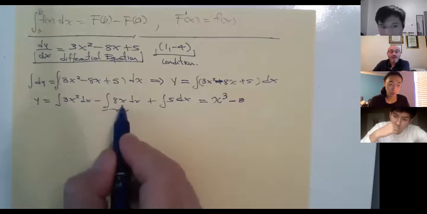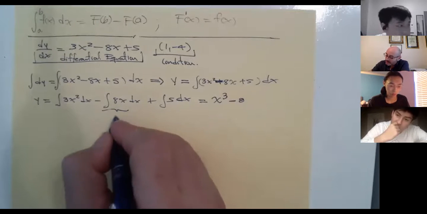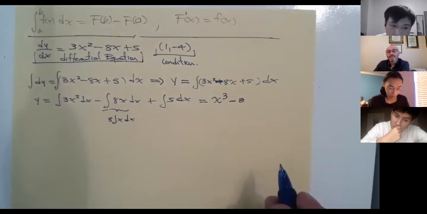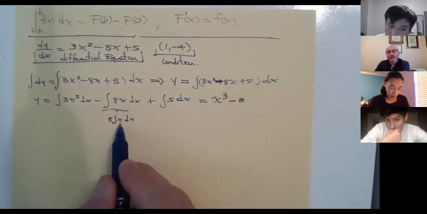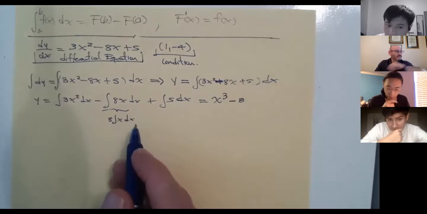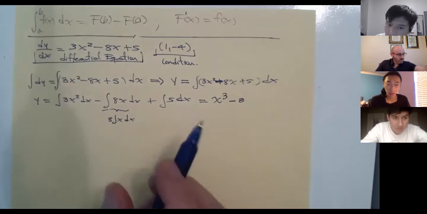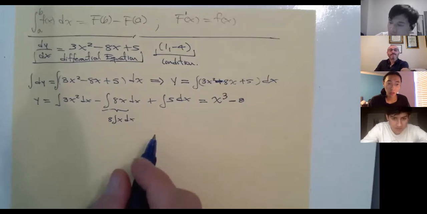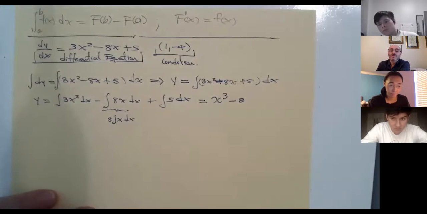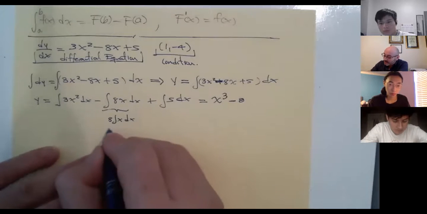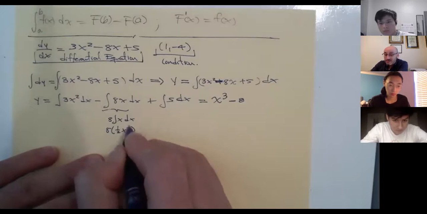And then once I take 8 outside the integral, inside I only have x. So what's the antiderivative of x? What should I differentiate to get x? X squared. If you differentiate x squared, you get 2x, but you just need x. So 1/2 x squared. The antiderivative of x is 1/2 x squared. So that's what I need here.